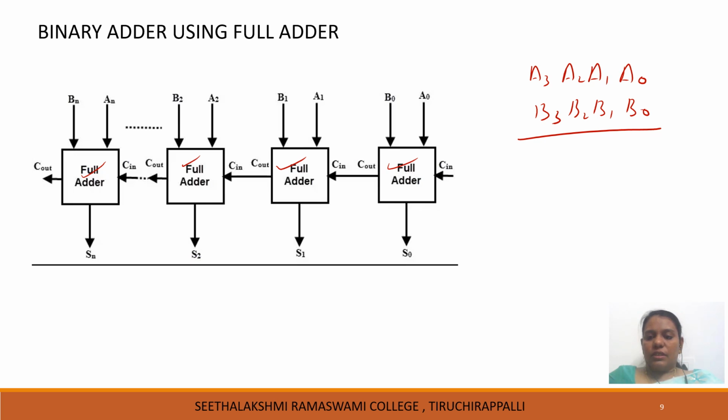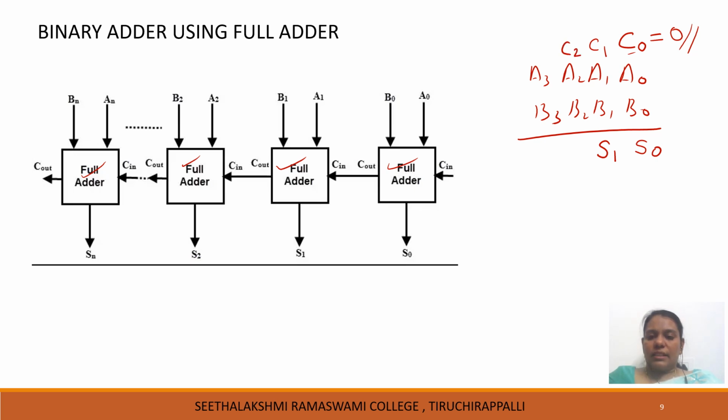And for the first full adder, we require 3 inputs. So we are going to take the first input, that is the carry input, as 0. And we are going to add C0, A0, B0 to produce an output S0 and the carry C1. So the second full adder will have the inputs as C1, A1, B1 and it will produce a sum of S1 along with the carry C2.